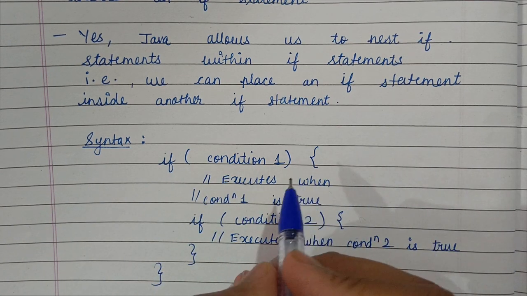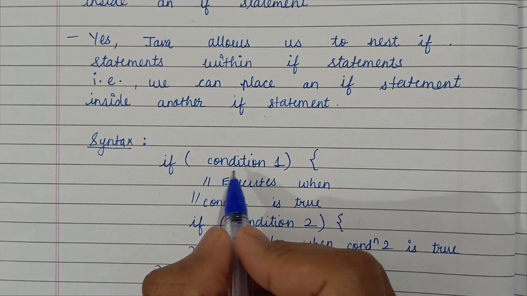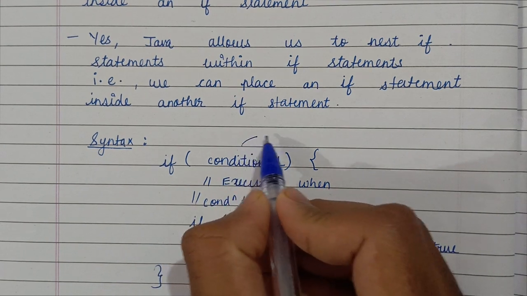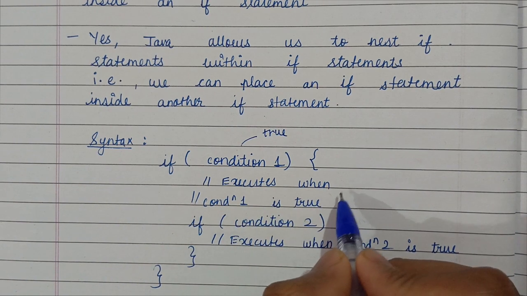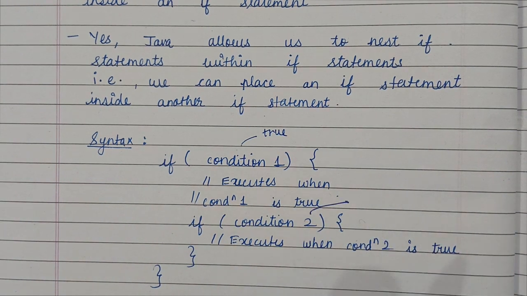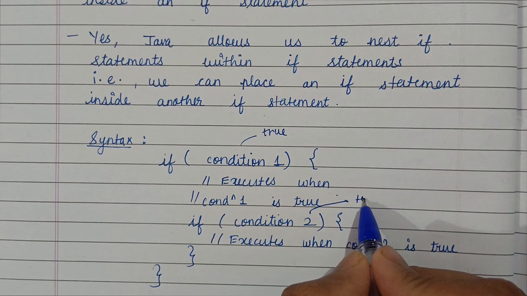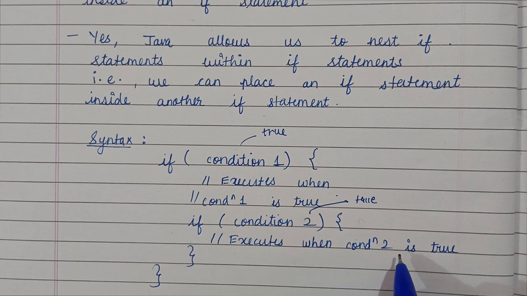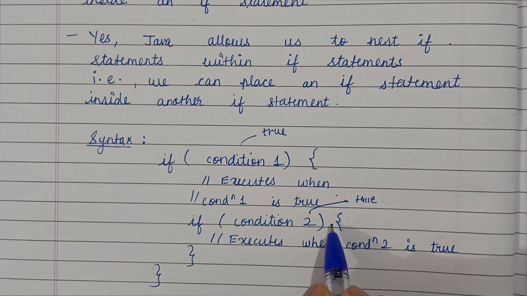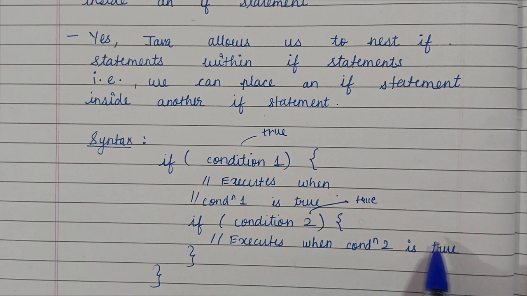If condition 1 is true, then the inner block will be executed. It checks condition 2. If that condition is true, then the second condition block will run.